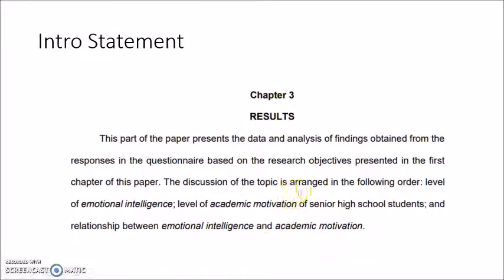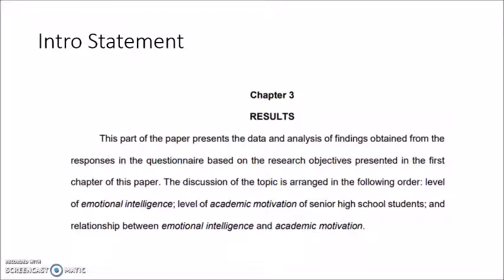Okay, so the discussion of the topic is arranged in the following order. So, ayan, level of your first variable, colon, level of your second variable, colon, and the word and. Hindi pwede dito yung ampersand symbol na for and, ha? It should be the word and relationship between your first variable and your second variable. So, ganyan lang ang intro statement natin.